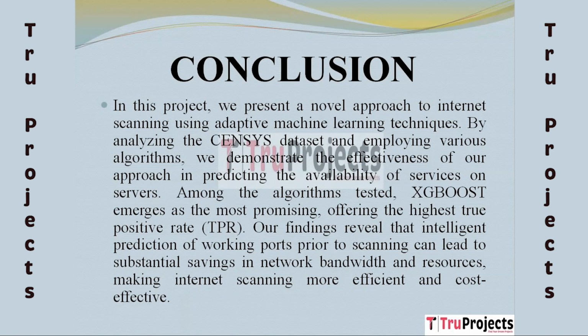With the highest true positive rate of the tested algorithms, XGBoost stands out as the most promising. According to our project, intelligent port prediction prior to scanning can result in significant network bandwidth and resource savings, improving the effectiveness and cost effectiveness of internet scanning.